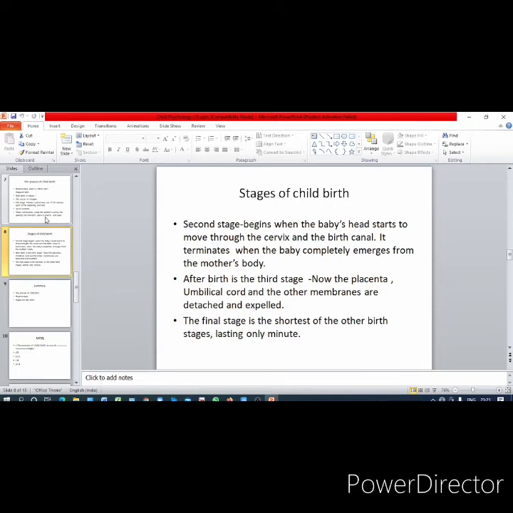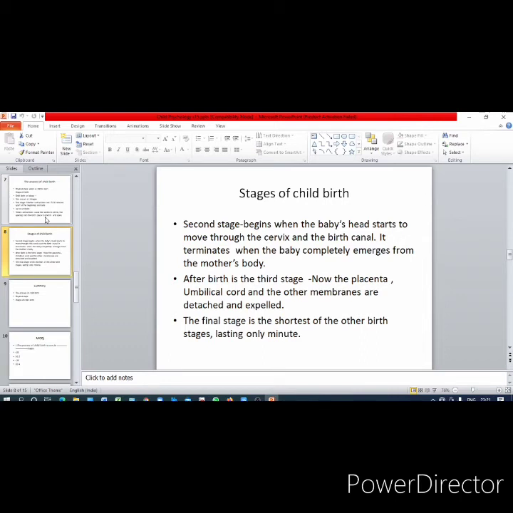These cause the placenta to separate from the wall of the uterus and be delivered in about 5 to 10 minutes. This is the shortest of the birth stages. Then the mother will be made to relax and the newborn will be taken for assessment.